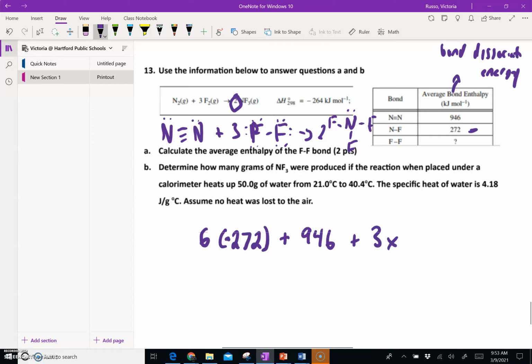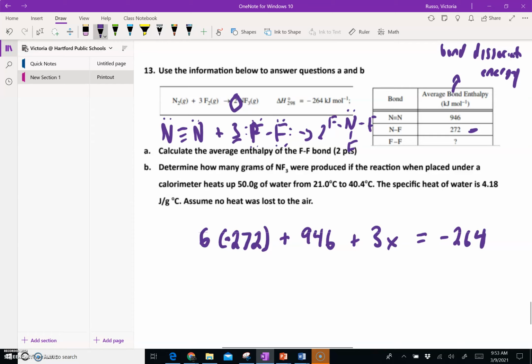So that's 3x, and all of this would be equal to the delta H, which is negative 264. Again, remember to make the energy of the bonds in the products negative, because energy is being released, while the energy of the bonds of the reactants is positive because they're being broken.